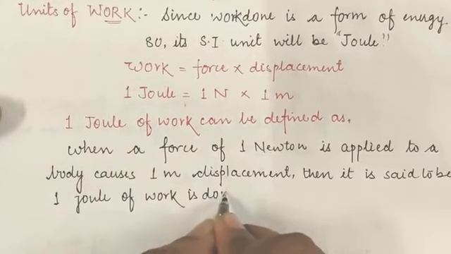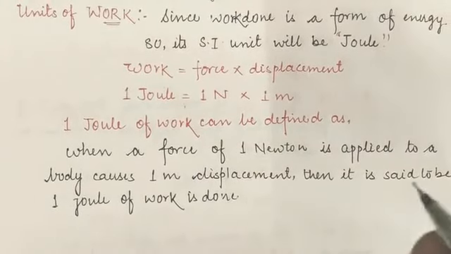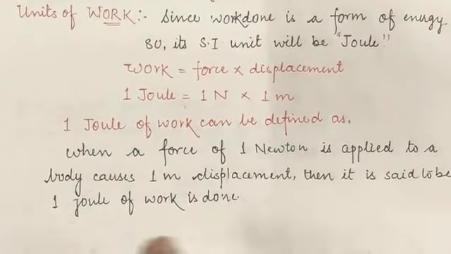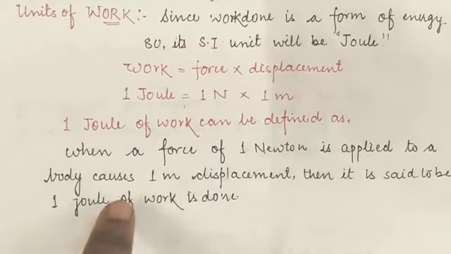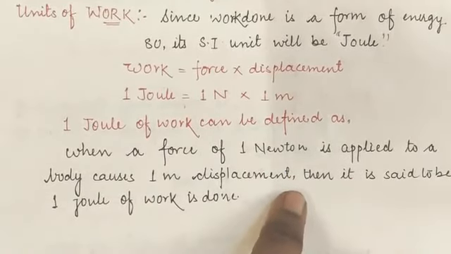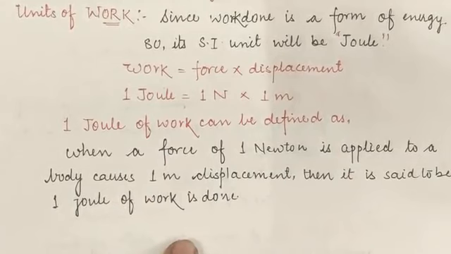Okay children, if someone asks you to define 1 joule of work, you can say: sir or ma'am, if a force of 1 Newton is applied to an object and the body gets displaced by 1 meter, then it is said that 1 joule of work is done.